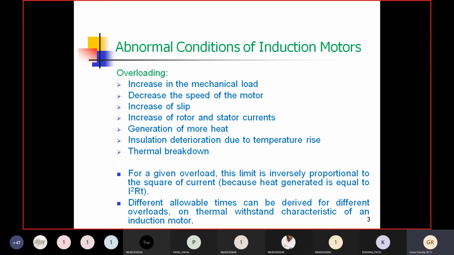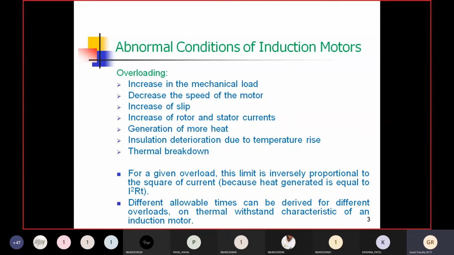Rotor frequency is slip times stator frequency. I hope that at diploma level you have an idea about this rotor and stator relationship. Do you know this relationship? Yes, sir. Good.